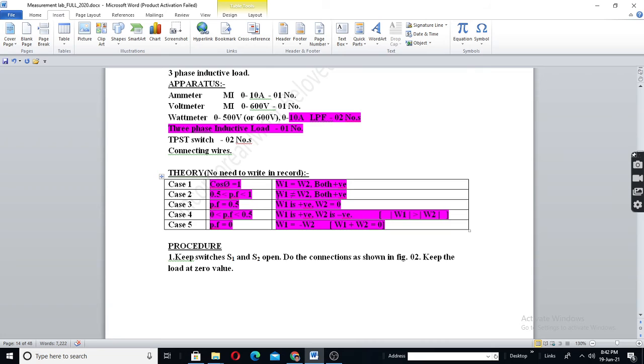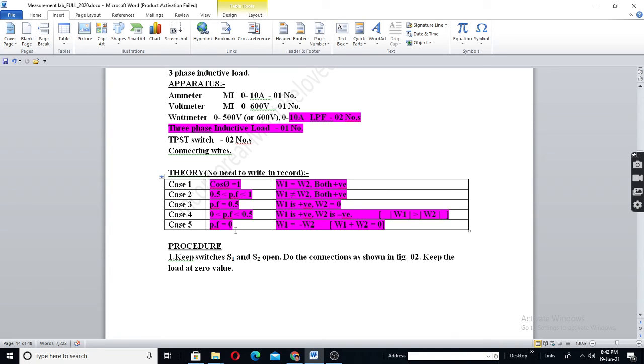The other wattmeter will be positive and it will give the total power. Total power will be always equal to W1 plus W2, but in this case, one of them will be 0.